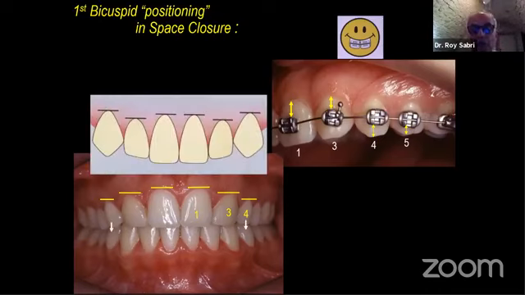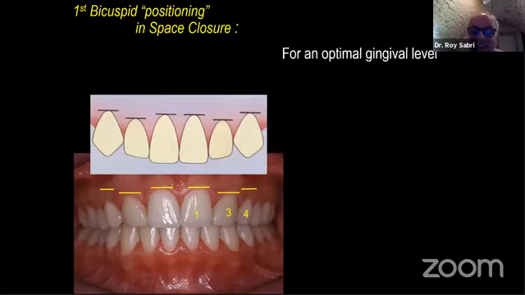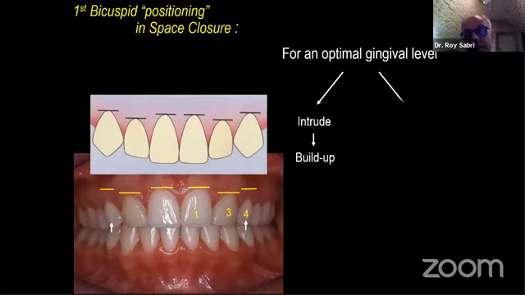What are my options? I have two options here. What I can do is gingivectomy, which sometimes you cannot do because the root is very thin and you can get open embrasures. Another option is to intrude and do build-up. So you extrude and do crown lengthening, or you intrude and do build-up.